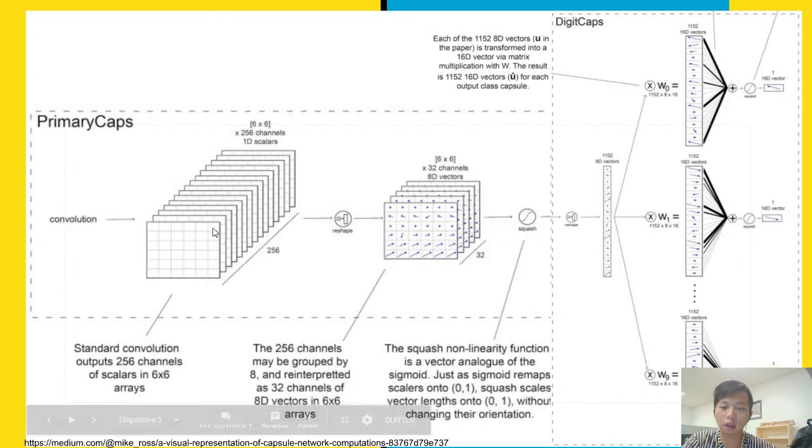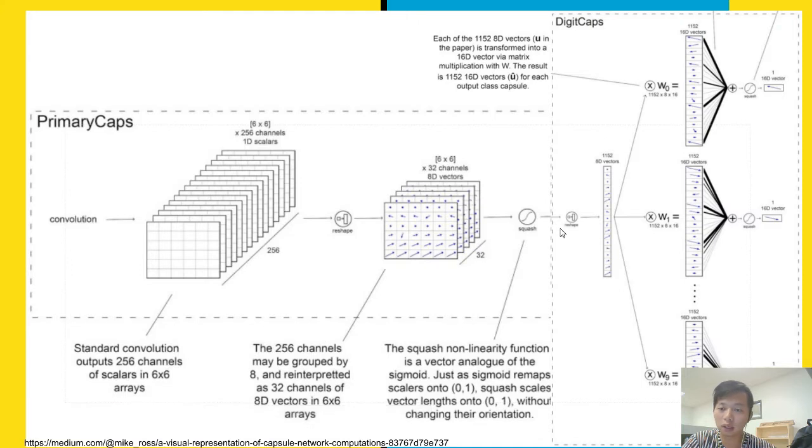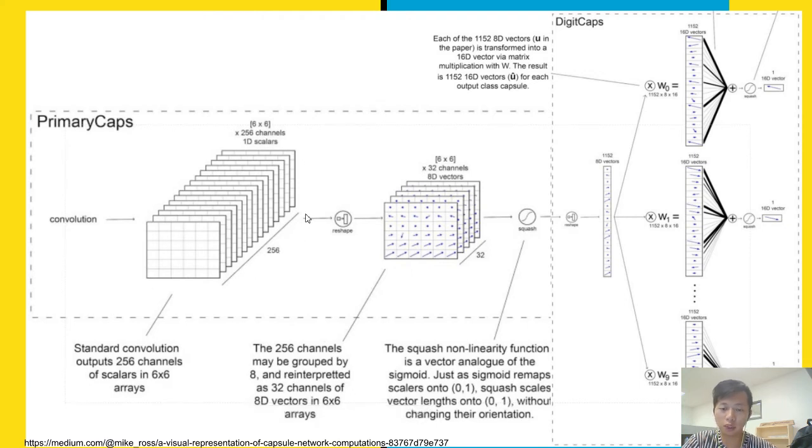And I found online a structure which can help us to understand the Capsulenet more easily. So the first layer is a normal conv layer with 256 channels, and we can see that the output is scalar, and then we pass it through ReLU for nonlinearity, and then it's 32 capsules.